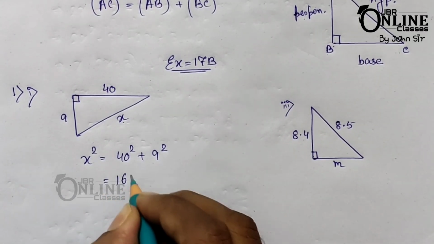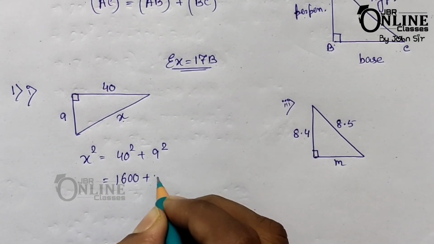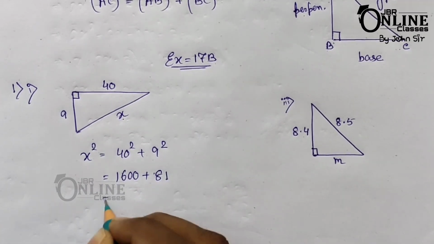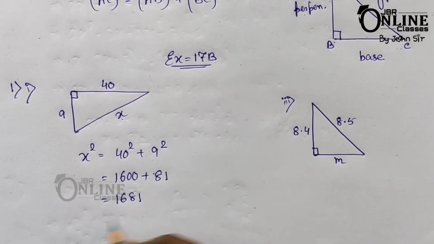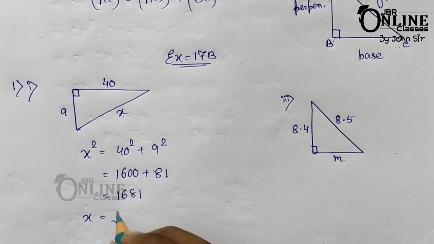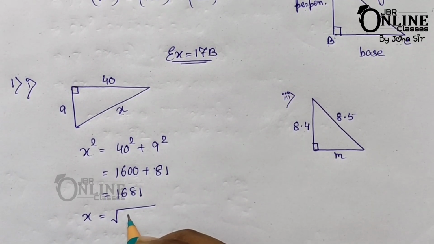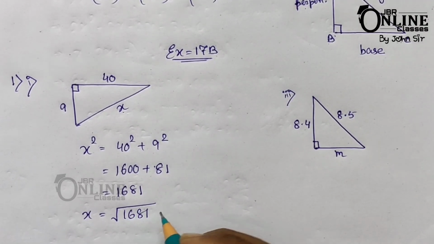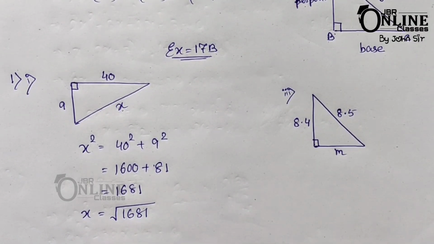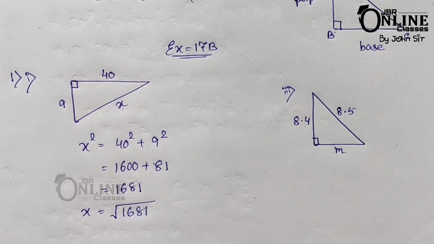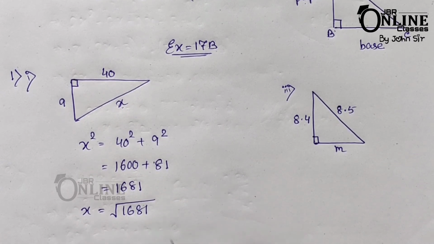Okay, 40 square means 1600, 9 square means 81. So that means 1681. So x equal to root over 1681. Now you just have to find the value of root over 1681, and that equal to 41.